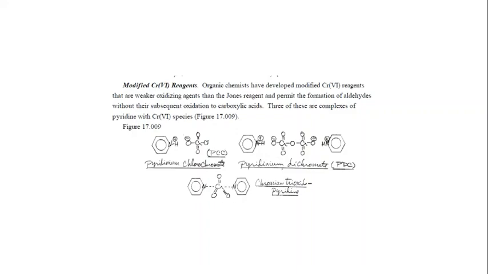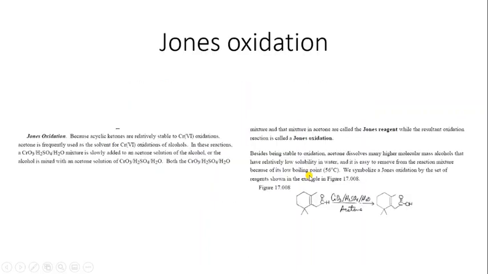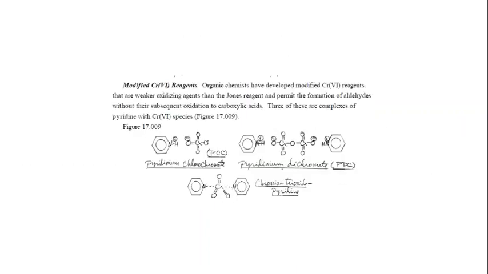So this is the complex where the chromium trioxide is attached with 2 pyridine on either side. Now this is the kind of oxidizing reagent that is capable of bringing about this selective oxidation.